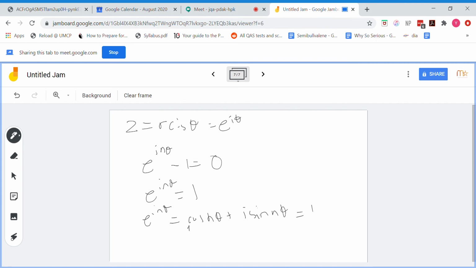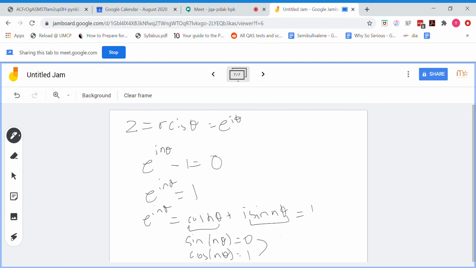And if we match up the real and the complex terms, we end up with sine of n theta equals 0, and cosine of n theta equals 1. So what is the solution to this equation? Sine of n theta equals 0 and cosine of n theta equals 1.